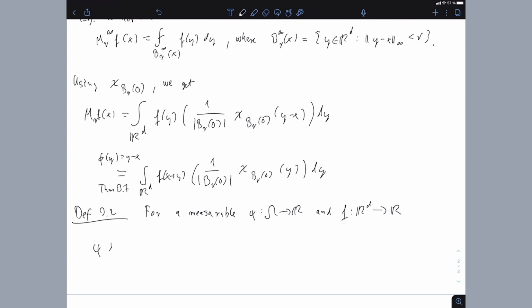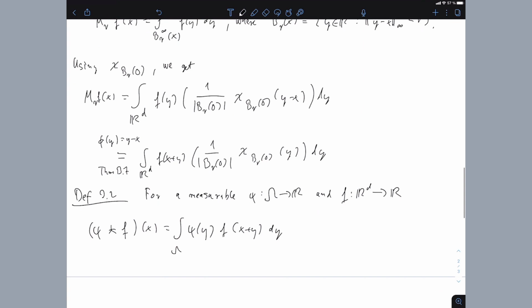We have psi correlated with f. I write this correlation with a star with a small 5 on it. I hope it's distinguishable from the normal star, because we also have that sometimes. And this is just the integral of psi of y multiplied with f of x plus y dy. Exactly what I had here, with this being psi of y.